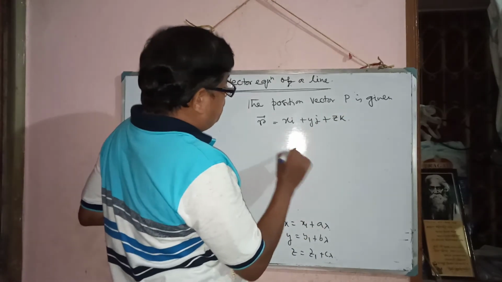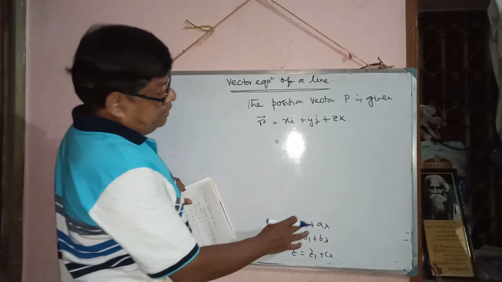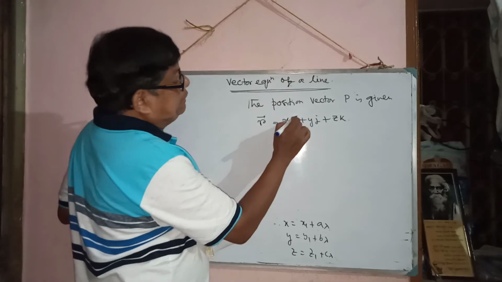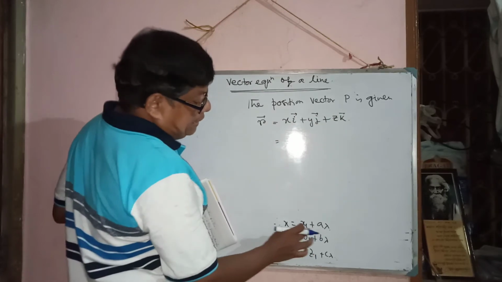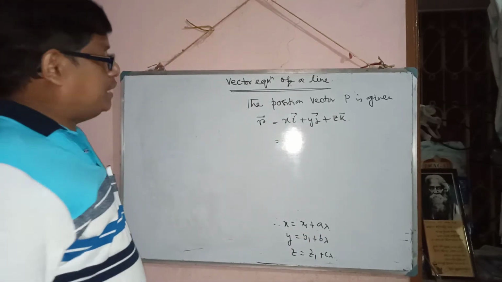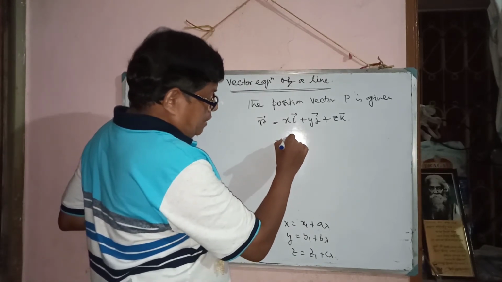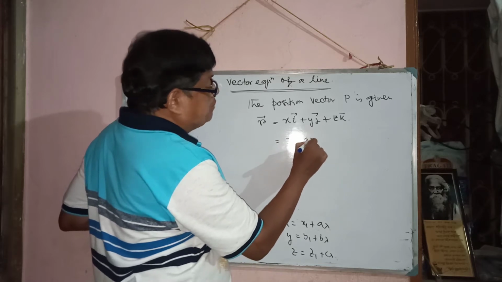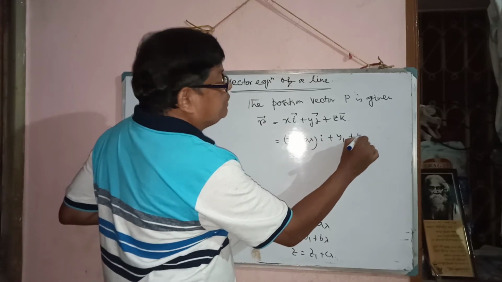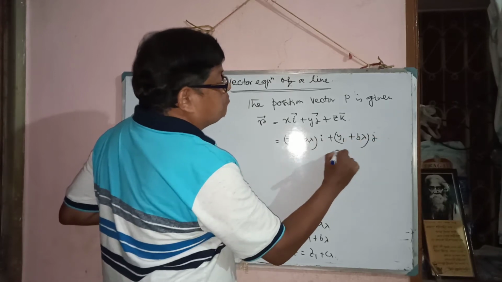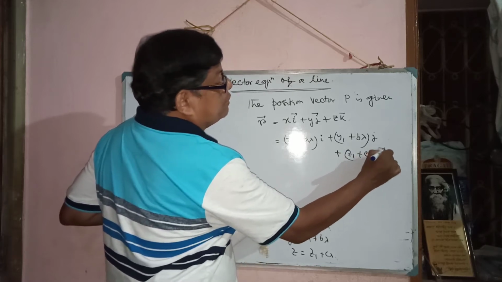Now put here the value of x equal to x1 plus A lambda, xi being a vector. So we get (x1 plus A lambda) i plus (y1 plus B lambda) j plus (z1 plus C lambda) k.